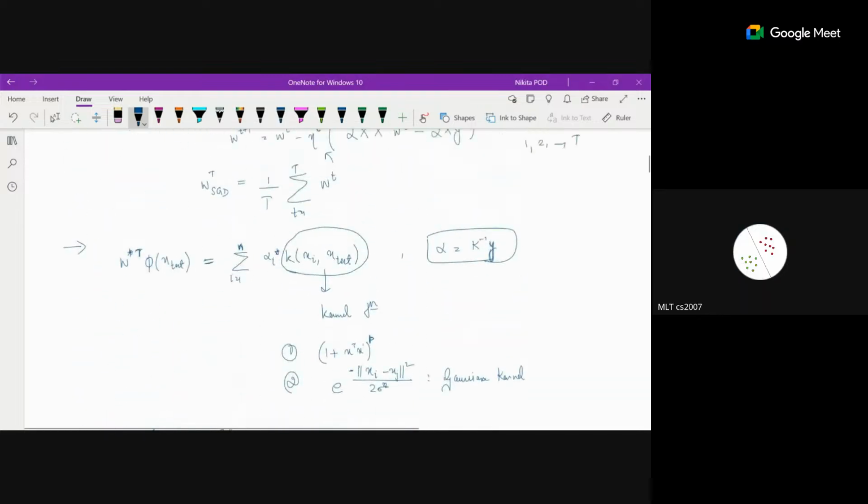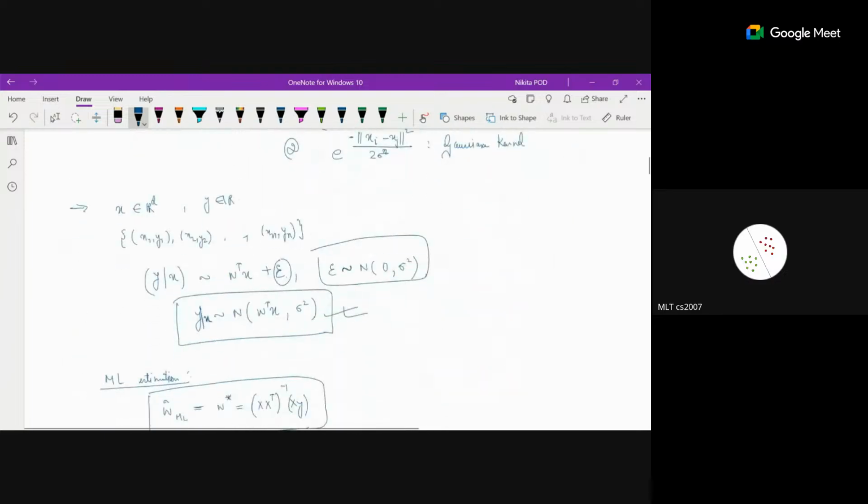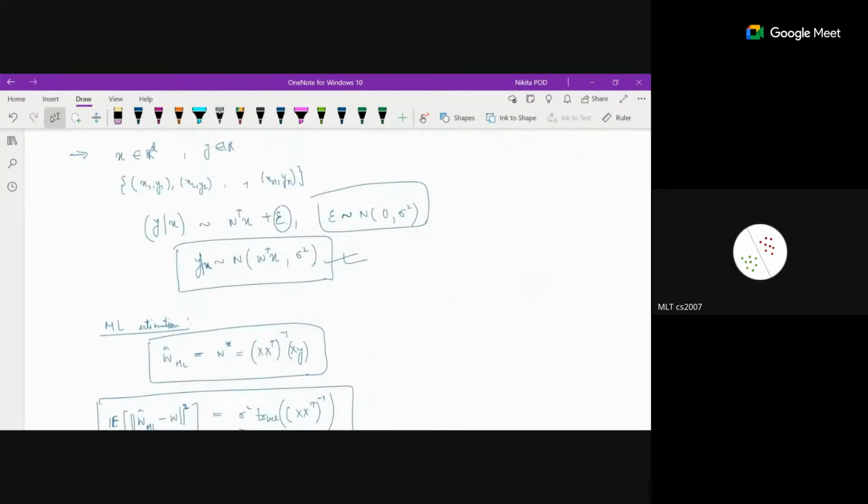This is the probabilistic view of linear regression. Here you have to go back to maybe Stats 2 and think of it from the estimation point of view.